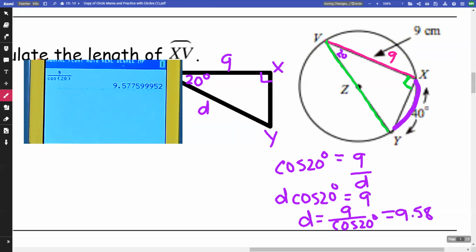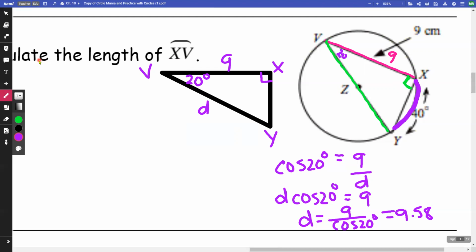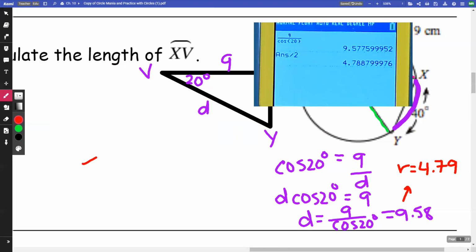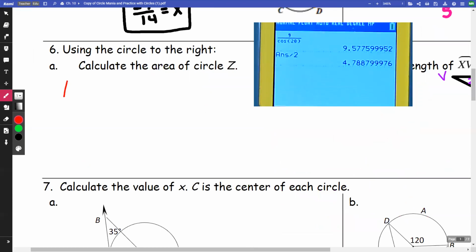Now my radius is going to be half of that. So I'm going to divide that by 2. And so my radius was half of that, which was 4.79. So now when I am trying to find my area, equals pi r squared.